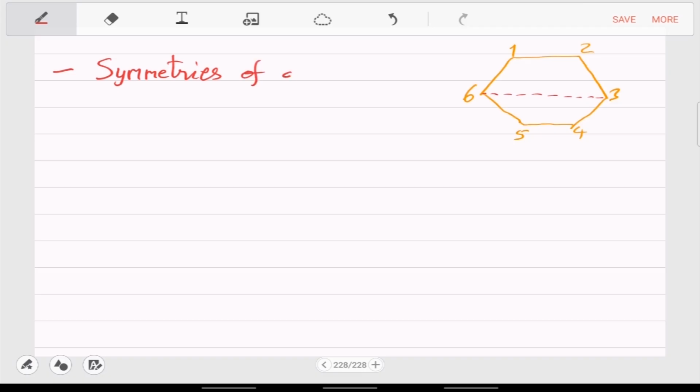So symmetries of a regular, which means sides are equal, of a regular polygon, whereby symmetries we mean that the picture should not change, only the labels are allowed to change. So I mean clearly 6 factorial is the maximum you can do, but not all of them are good, right? Some permutations will change the picture.